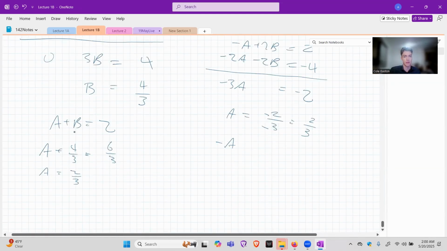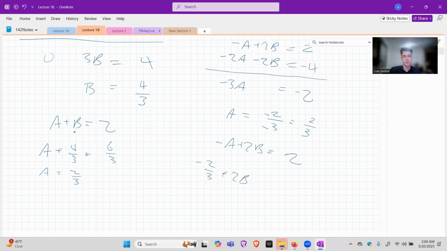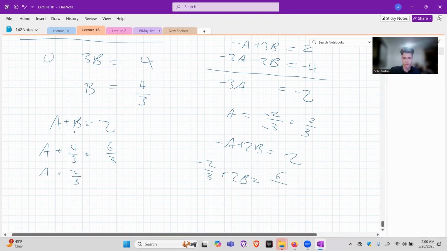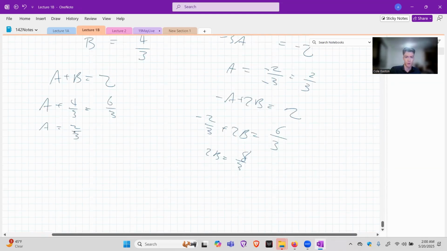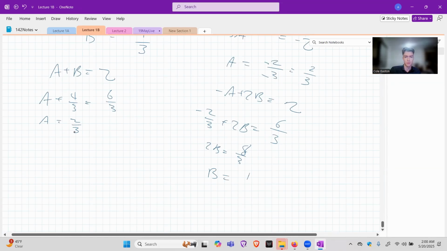We have negative a plus 2b equals 2. So negative 2/3 plus 2b equals 6/3. So 2b equals 8/3, or b equals 4/3, just like we originally found on the left side. So either of those work.